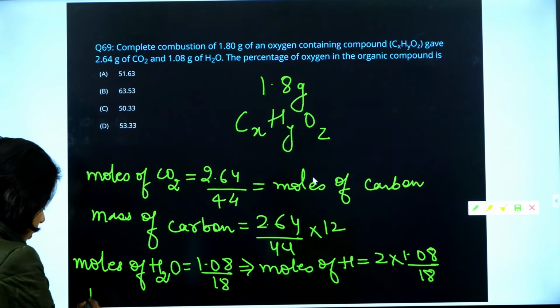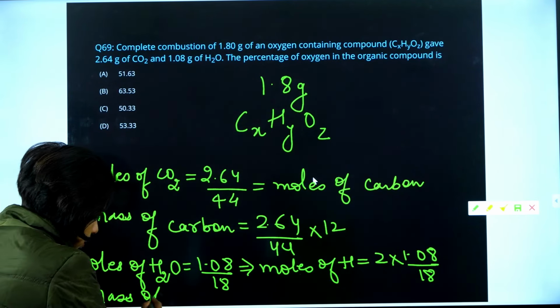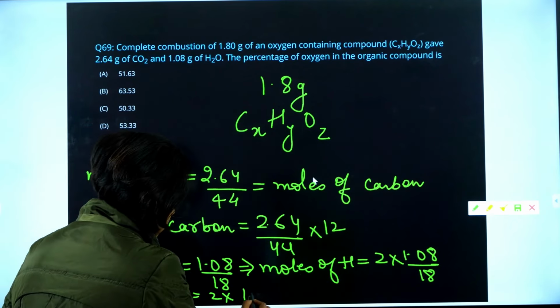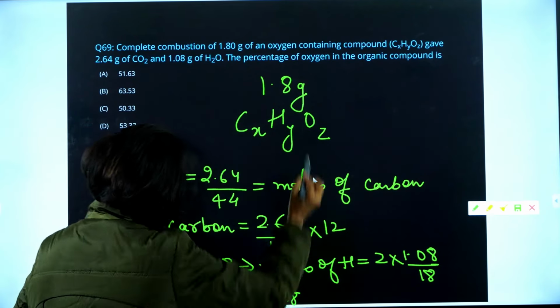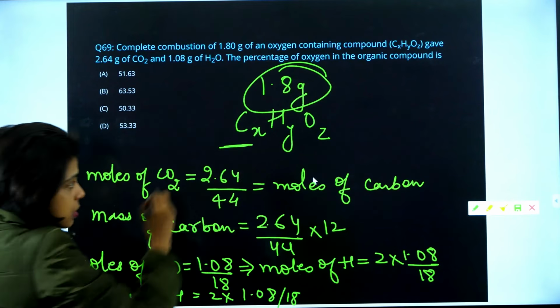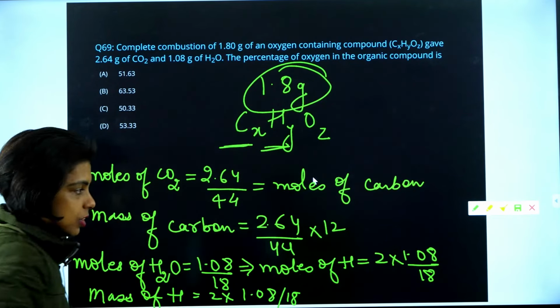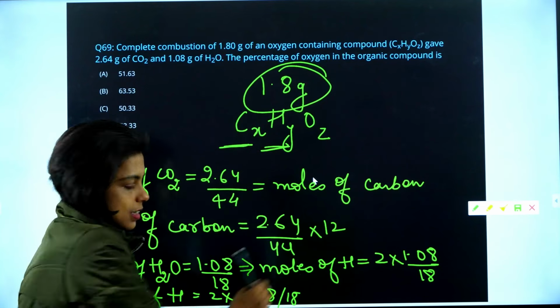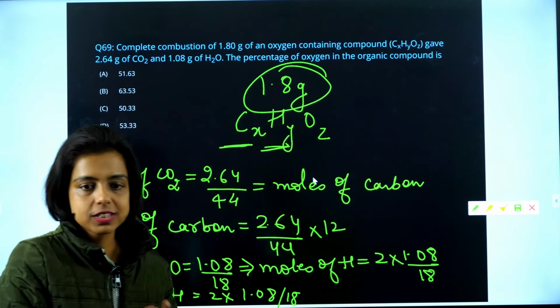You can calculate the mass of hydrogen by multiplying by atomic mass, that is 1. So now you know in 1.8 gram, how many grams is the carbon and how many grams is the hydrogen. The rest is oxygen, so 1.8 minus this and this will give you the mass of oxygen.